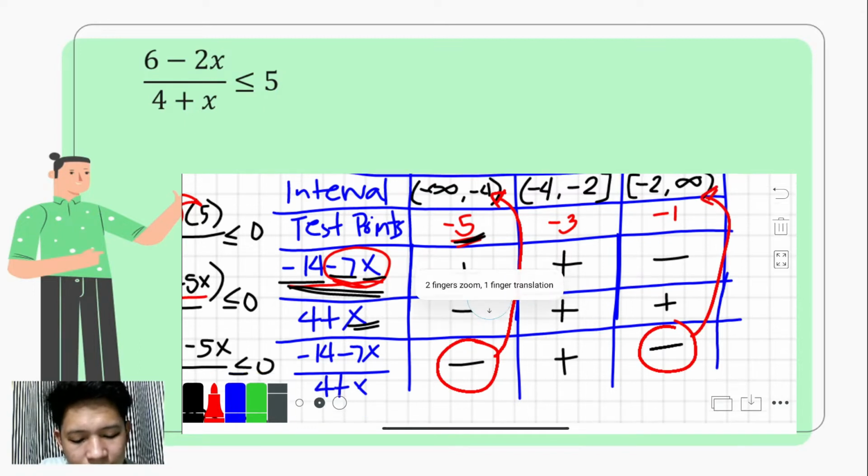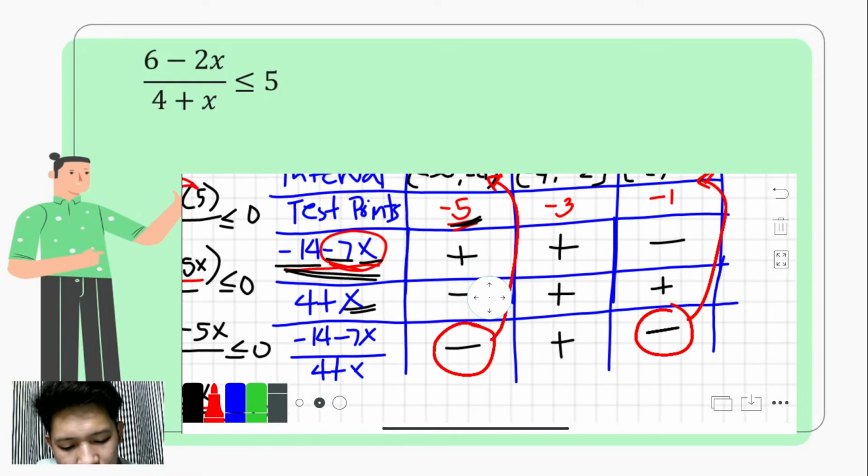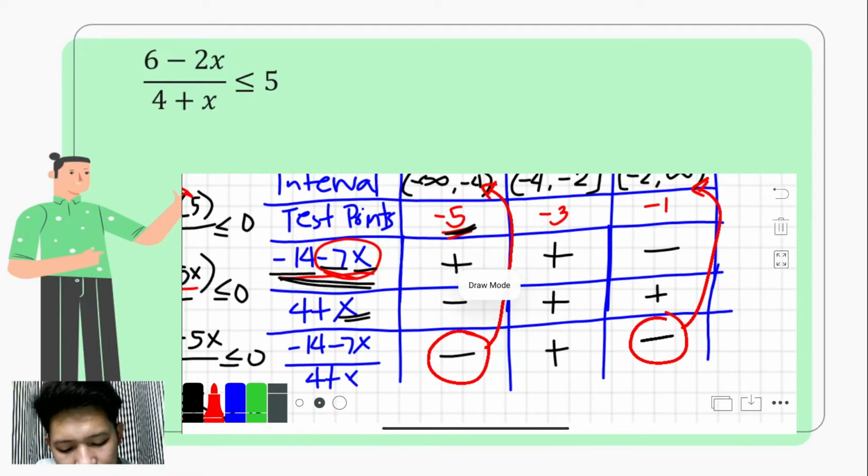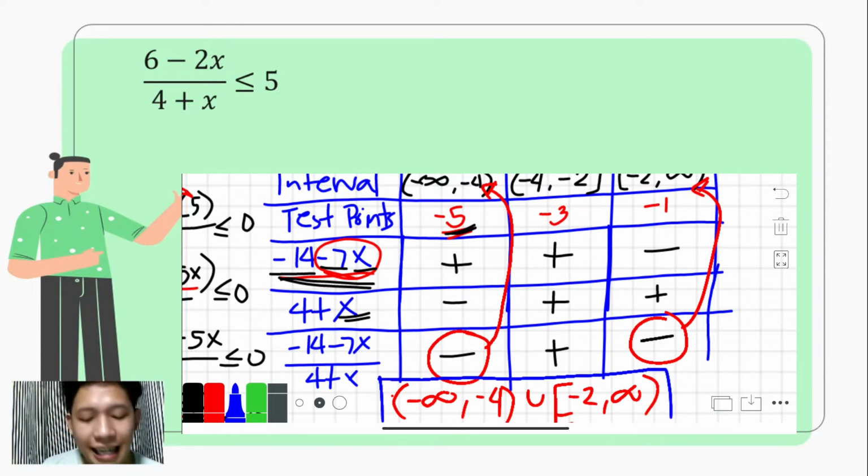Okay? So, ang ating solution would be the union of negative infinity to negative 4 union, so this is, bracket negative 2 to positive infinity. So, this would be our solution to our inequality.